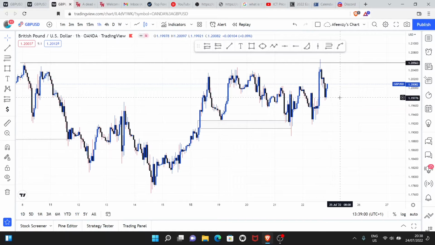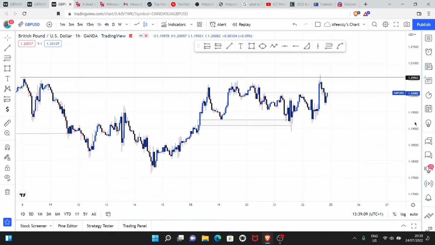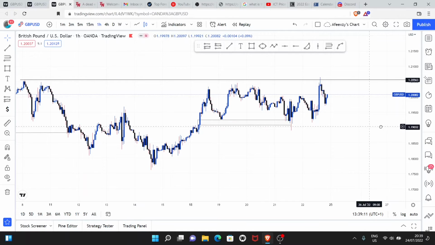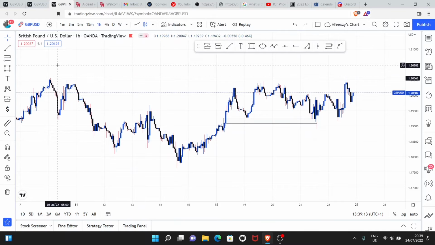So let's see how price reacts next week. I don't predict the market. I analyze and react to what I see happening in the market. So let's go to the next pair.